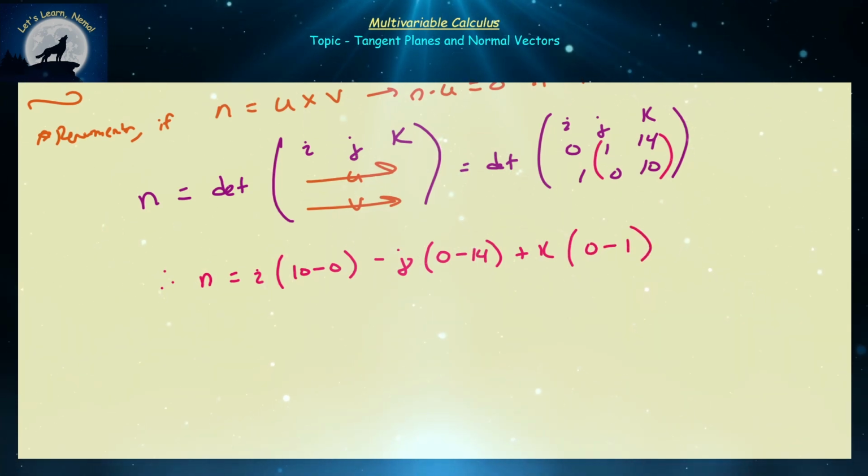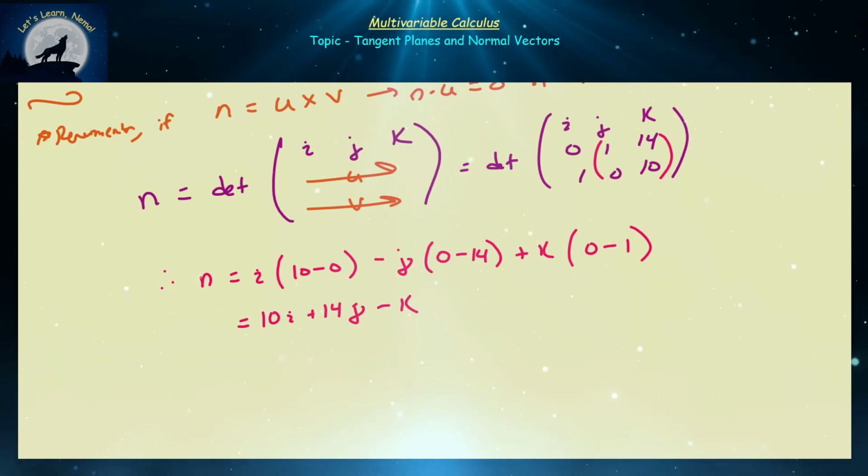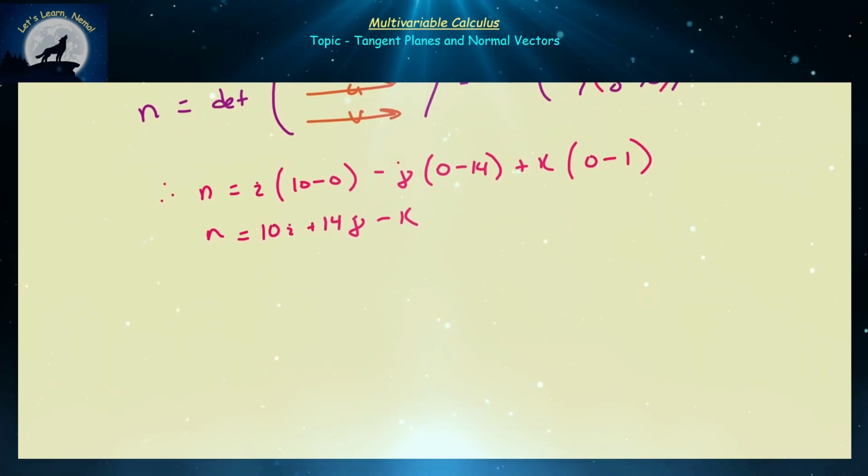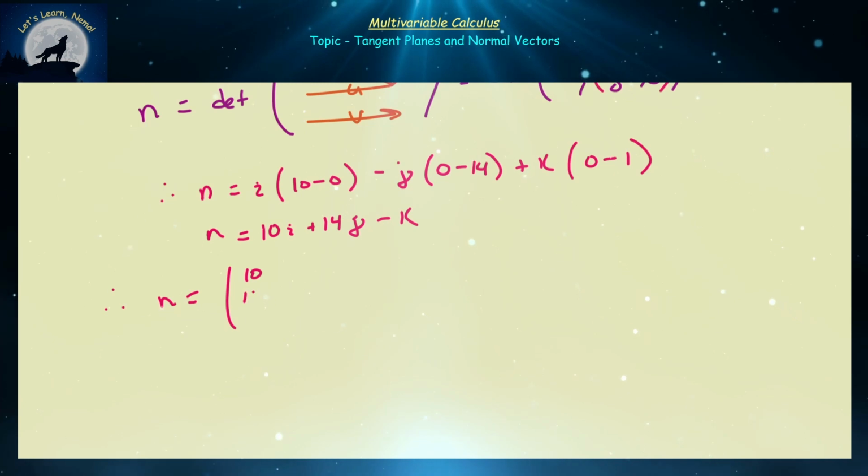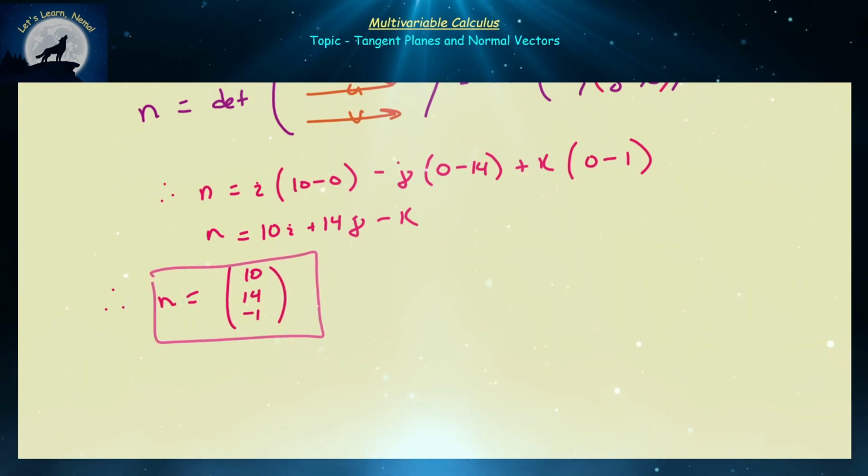So this is going to be equal to 10i plus 14j, and then minus 1k. And if we write that in vector form, we have that the normal vector will be equal to 10, 14, minus 1. So that's our normal vector.